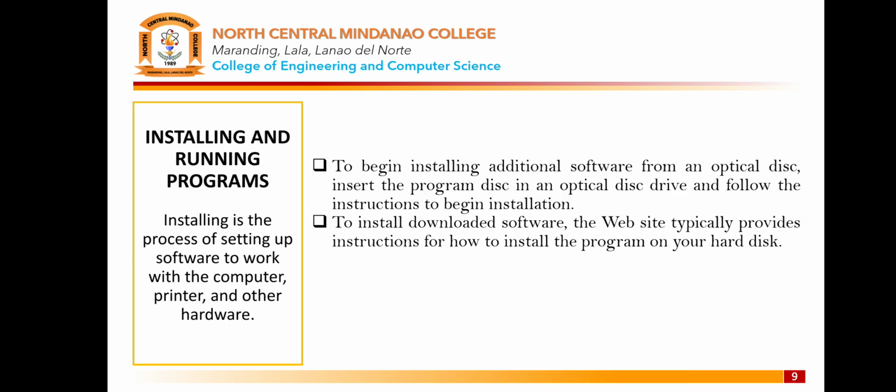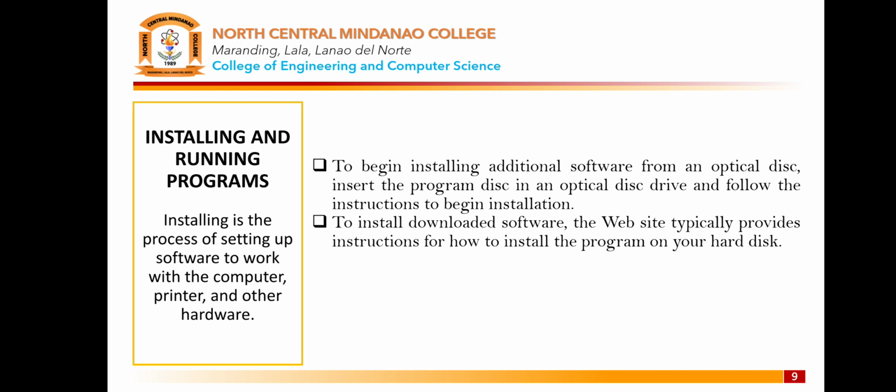All right. Since we now know what a program or software is, and the difference between system software and application software, let us remember that system software has functions or instructions that help the computer control or maintain its operations.